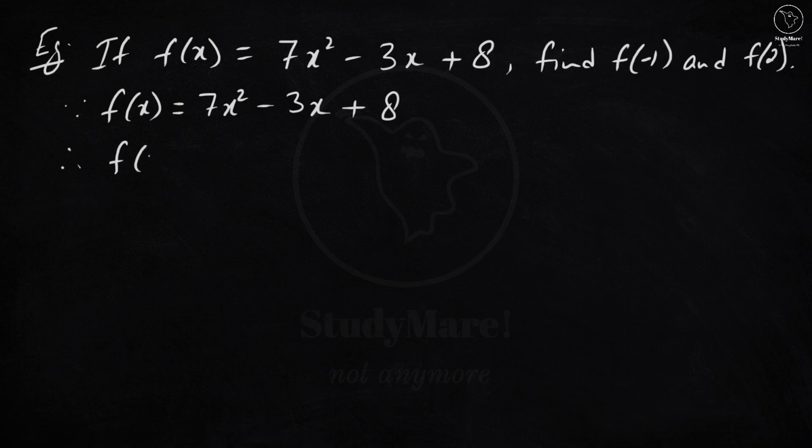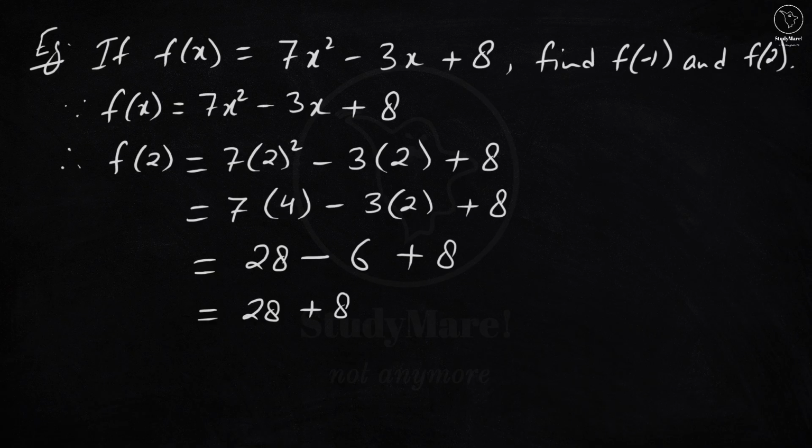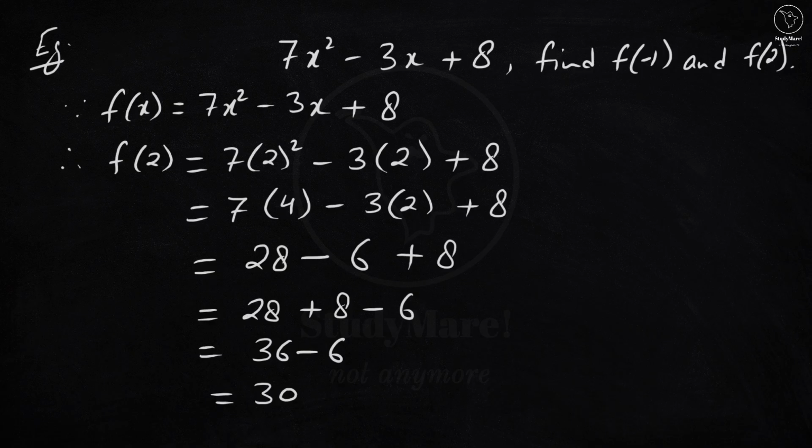Thus, f of 2 is equal to 7 into 2 square minus 3 into 2 plus 8, which is equal to 7 into 2 square is 4 minus 3 into 2 plus 8, which is equal to 7 into 4 is 28 minus 3 into 2 is 6 plus 8, which is equal to 28 plus 8, collecting all the positive numbers together, and then we have minus 6, which is equal to 28 plus 8 is 36 minus 6, which equals 30.